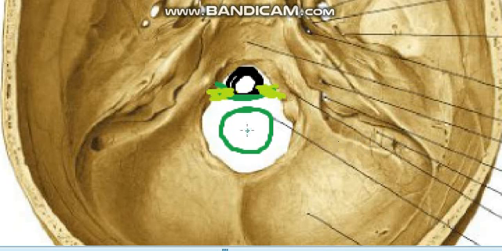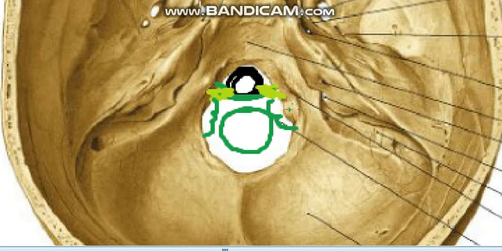So just as you have the medulla oblongata passing through the foramen magnum, so also on the sides you can have the tonsils of the cerebellum protruding through the foramen magnum. So not just the medulla oblongata, but the tonsils of the cerebellum may also protrude through the foramen magnum.